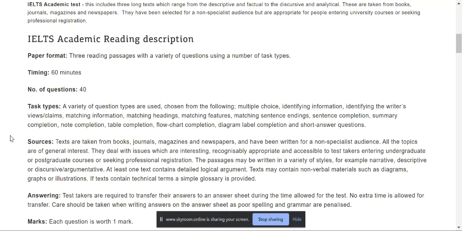So exactly the same as listening, in reading the last part is the most difficult one, and the level of difficulty is the lowest one in the TOEFL exam. And exactly because of these two facts, we have to go for the IELTS.